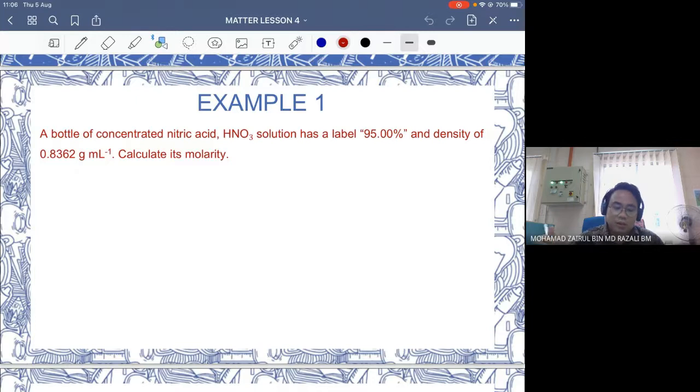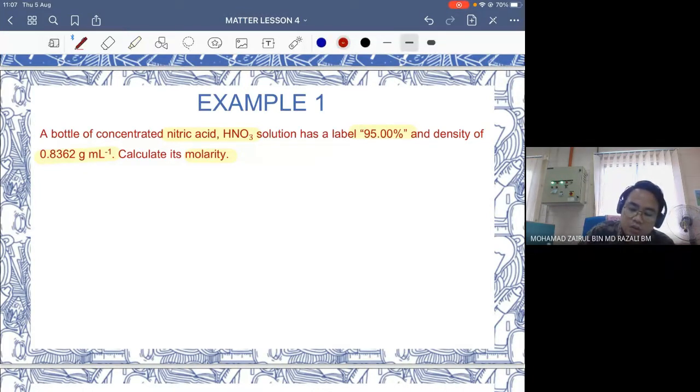Okay, so a bottle of concentrated nitric acid solution has a label of 95% and density of 0.8362 gram per milliliter. So you need to calculate the molarity. First thing first, macam biasa awak dapat soalan, you need to write down the information given from the question.